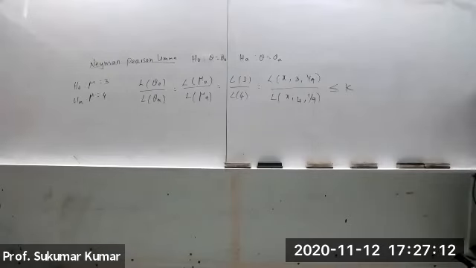Do you understand anything from this? What have they asked in the question? Testing the hypothesis, simple null hypothesis against the simple alternative hypothesis in single observation. So we are testing the hypothesis, that is, we are concluding the decision is rejecting H naught.